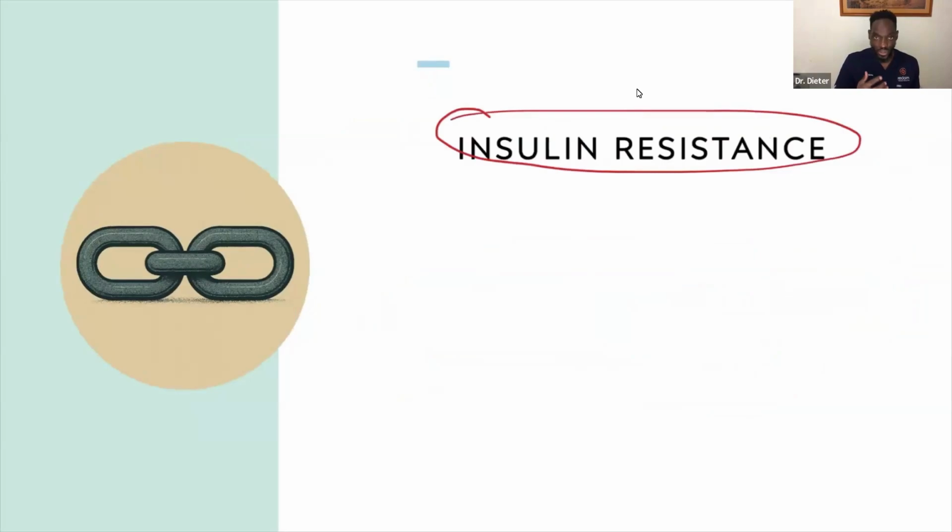What is insulin resistance? To understand what insulin resistance is, it's important to understand what insulin does in the first place. Another simpler way to say insulin resistance is just simply that your insulin is not working well. So, how does your insulin go from working well to not working well?